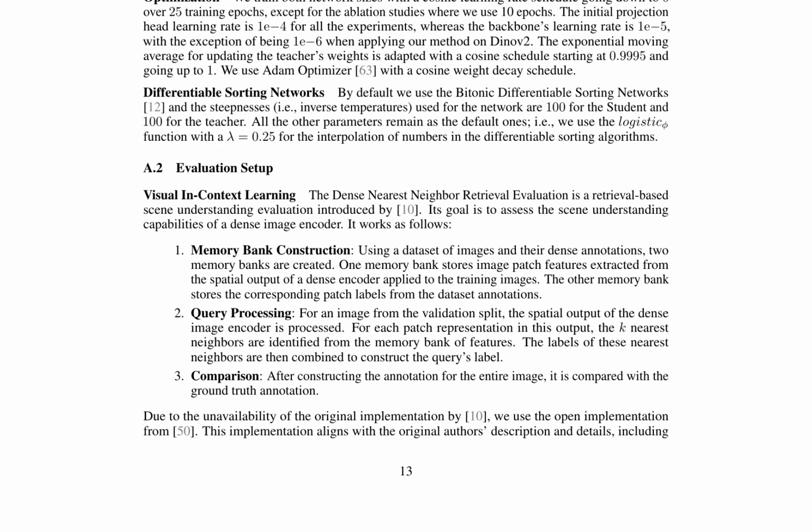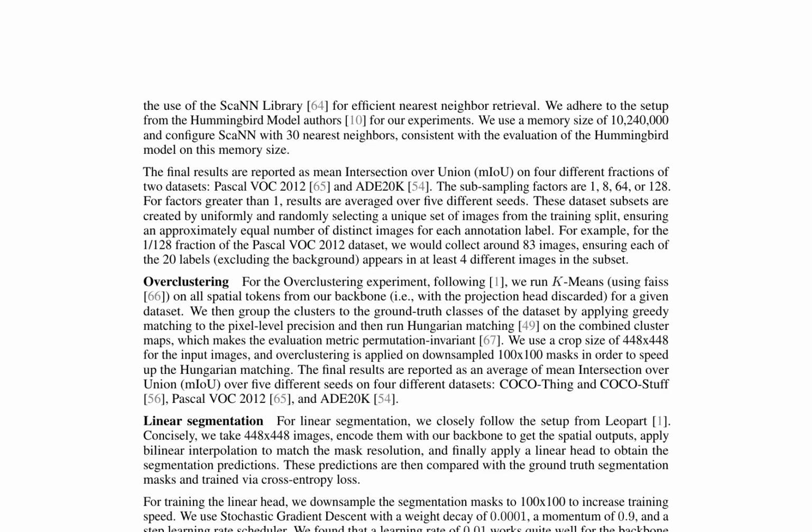Dense image representation alignment is applied to bring local and global crop feature maps to a fixed spatial resolution. Optimization is done using a cosine learning rate schedule, and the Adam optimizer is used with a cosine weight decay schedule. The evaluation setup involves a retrieval-based scene understanding evaluation, using the dense nearest neighbor retrieval evaluation, which assesses scene understanding capabilities.